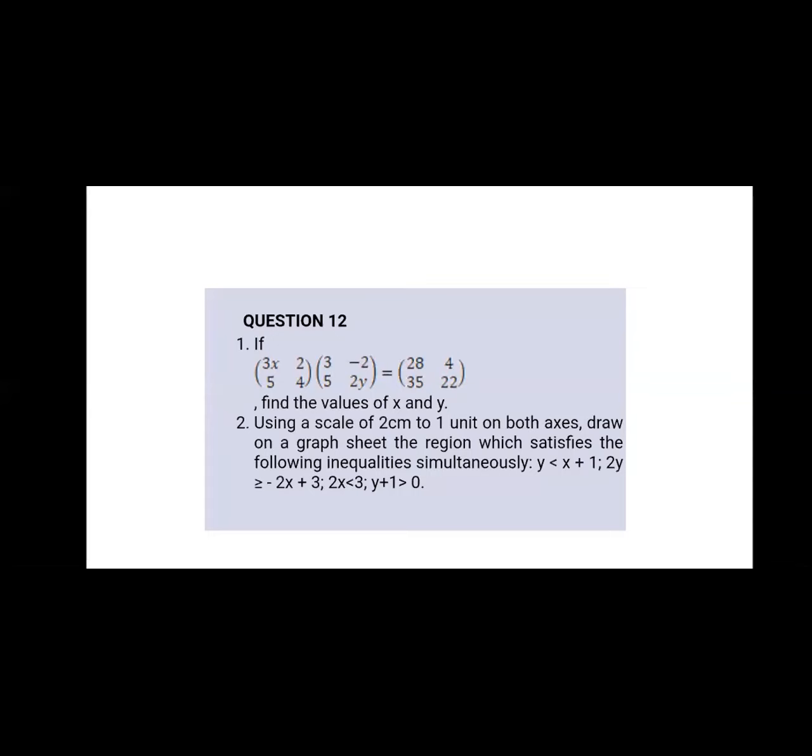So that's the first row, first column, and it equals 28 on the other side if you compare. The same thing you do for the second one. 3x multiplied by minus 2 will give us minus 6x. 2 times 2y will give us plus 4y.